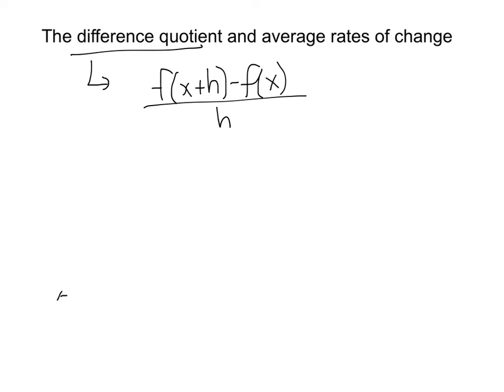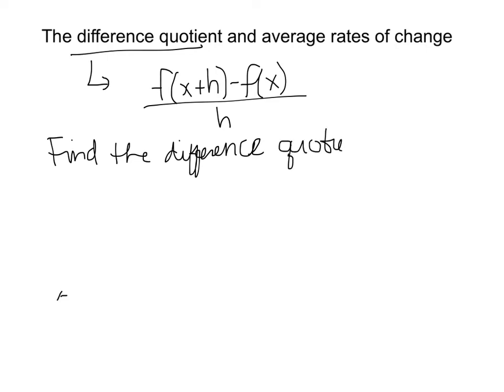There are also more examples on page 189. So I would like for us to find the difference quotient. This is a formula that I will give you. This is something that I like to ask a question on. Hint, hint, it'll be on your next test. It'll probably even show up on your final.